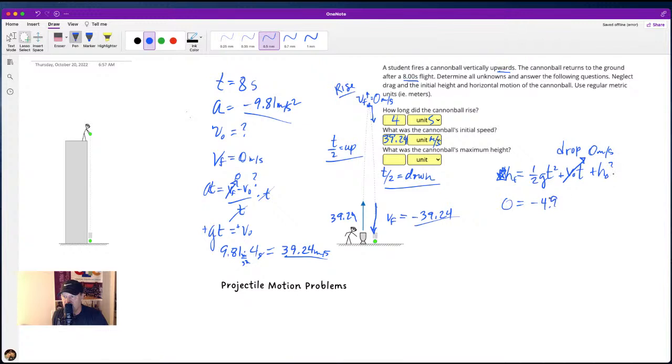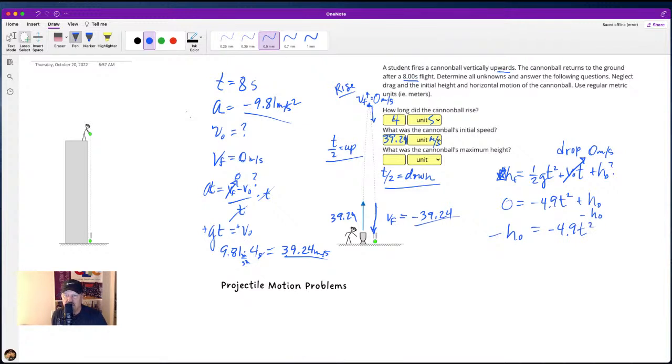So 0 equals negative 4.9 t squared plus height initial. Subtract height initial from both sides: negative height initial equals negative 4.9 t squared.